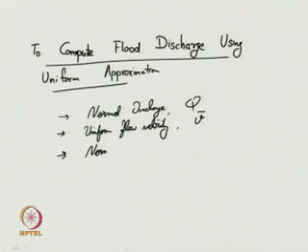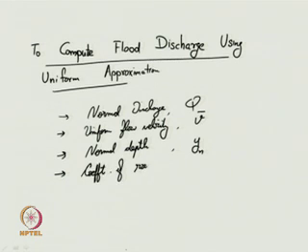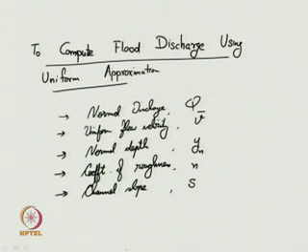You have seen the concept called normal depth, Yn, and Manning's coefficient of roughness, n. In the Manning's equation you have also seen the channel slope or bed slope or energy slope, S naught or SF, coming into the picture.